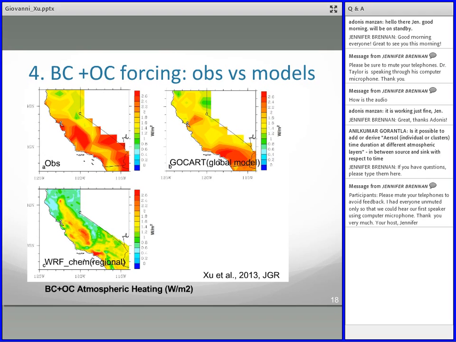So some have suggested that black carbon is the second largest radiative forcing, just second to CO2. But some have said methane is probably larger. But anyway, black carbon can be important, and you can see locally for California, it's a lot larger than the global mean. Sometimes it's even 3 to 4 watts per meter square. So locally, it can be an important heating source.